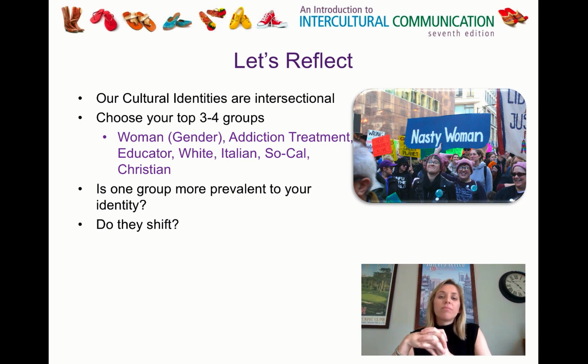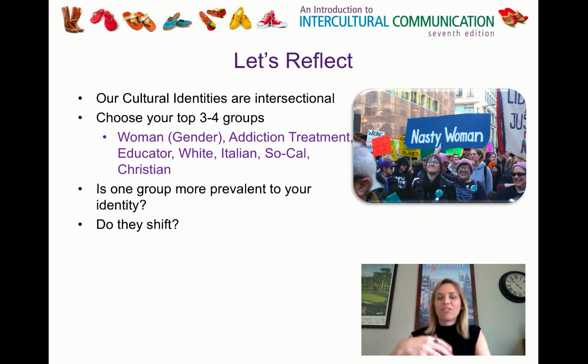For example, sometimes I really identify as an educator. Other times I might have to put on my feminist hat and go march in the Women's March. For example, after the election of Donald Trump in 2016, he was seen making sexist remarks on television, calling Hillary Clinton a nasty woman. At this time, 2 million women in the United States went out and marched for equality.